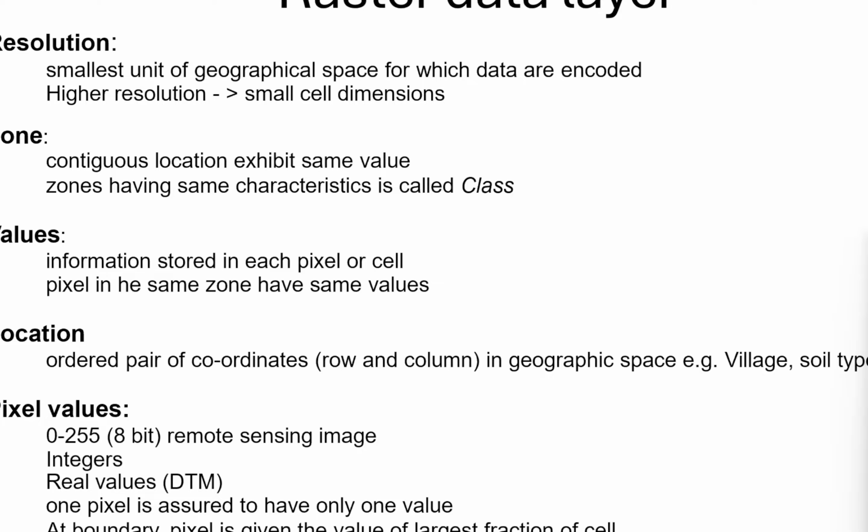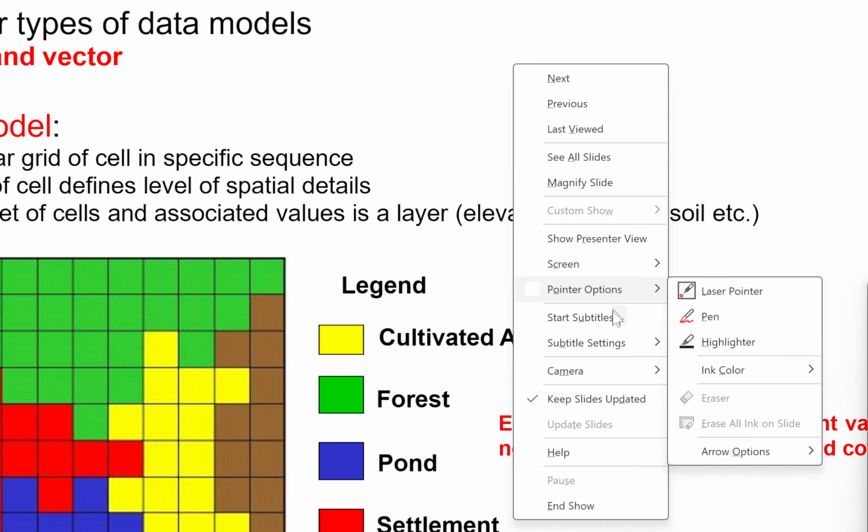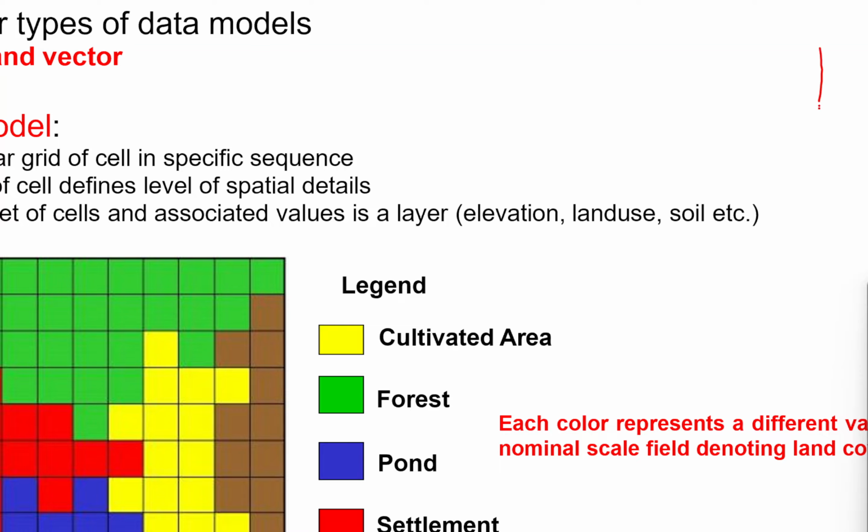So what are the features of a raster data layer? It will have a resolution. Resolution is basically the smallest unit, the cell. Suppose we go back to this, this particular cell represents an area on the actual earth. What area it is representing is called resolution.